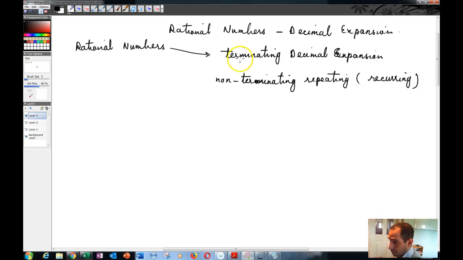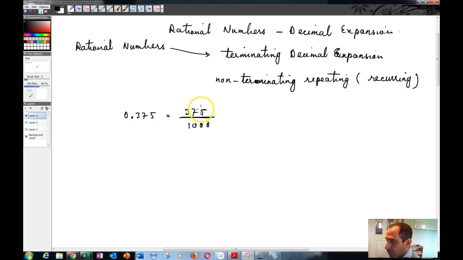So what that means is that, for example, let's have some number like 0.375. You can write this number as 375/1000, and that's a rational number.